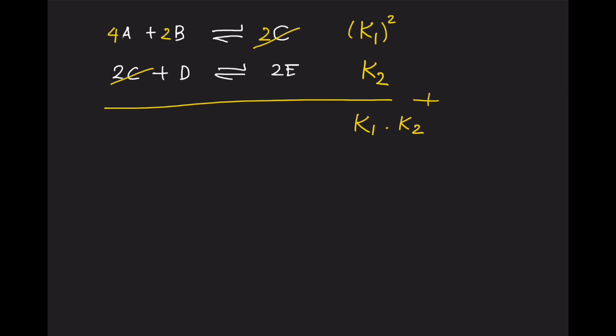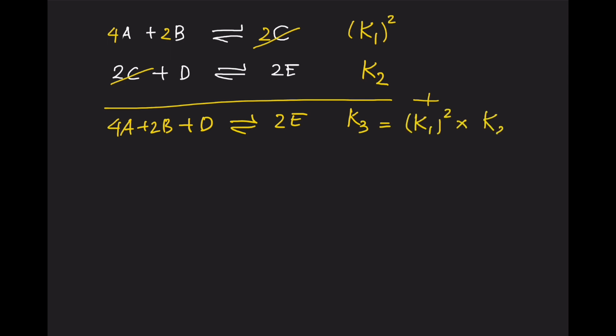So now the total for the reaction will become like this. And the K for this reaction, or let's call it K3, will be equal to K1 squared multiplied by K2.